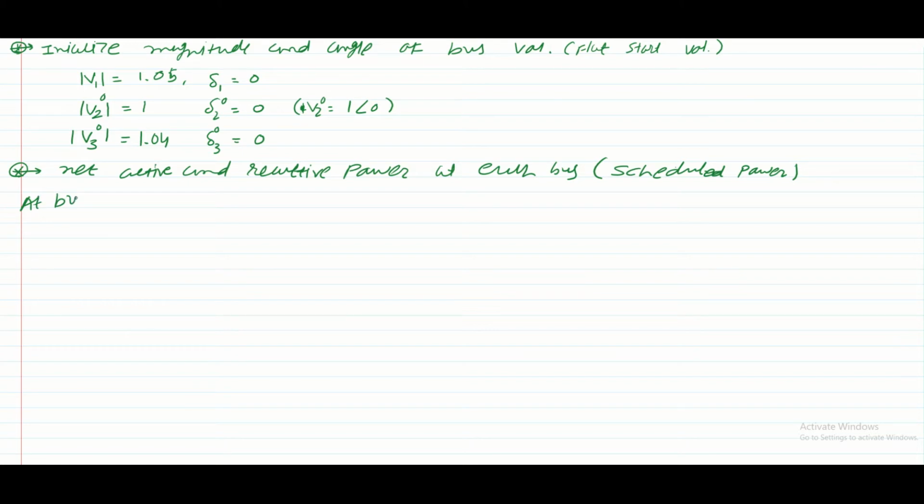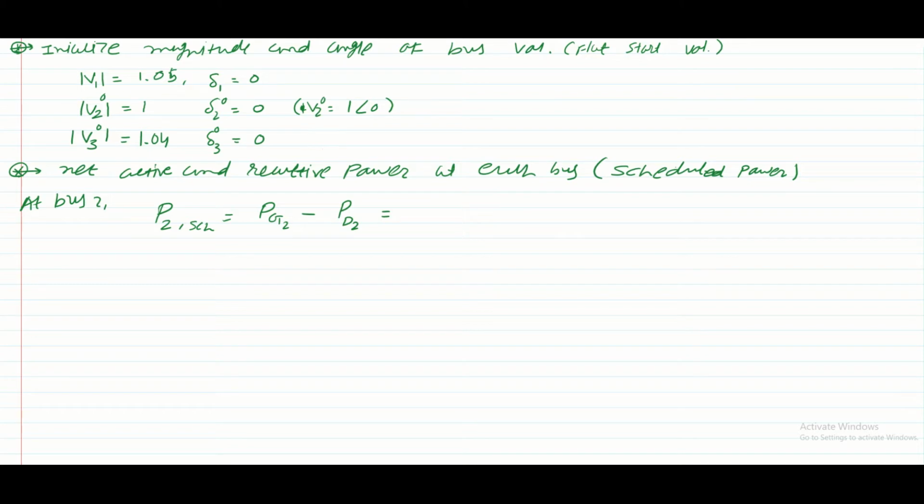You can write at bus number 2, we know the equation, P2 scheduled or P2 net, which is equal to Pg2, meaning generation at bus number 2, minus Pd2.